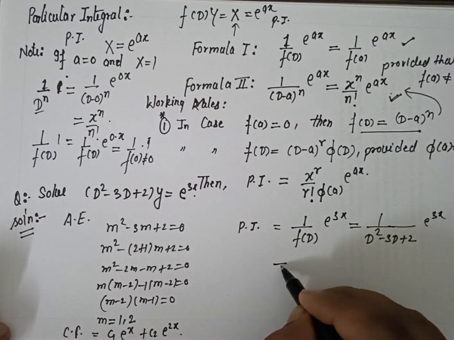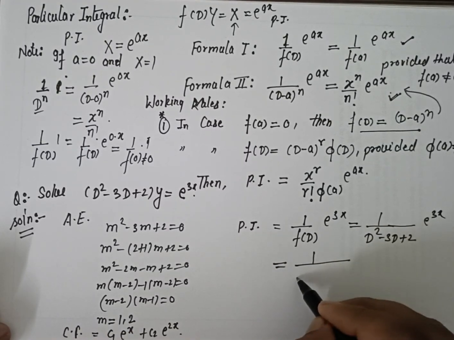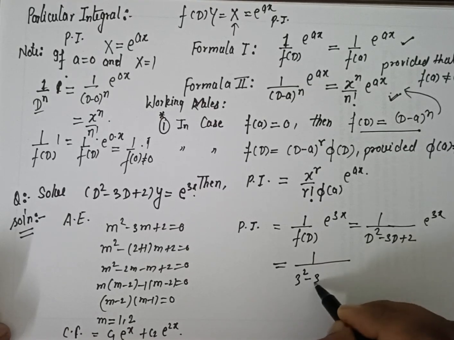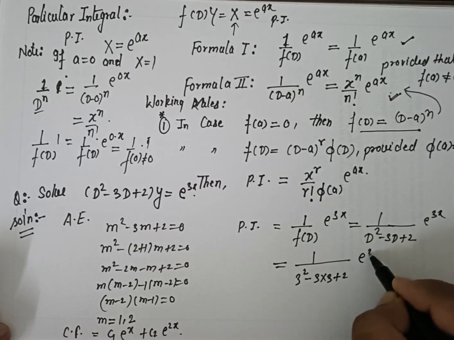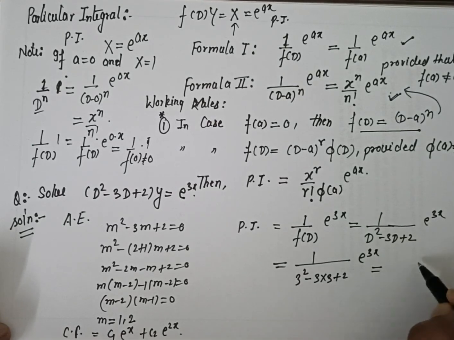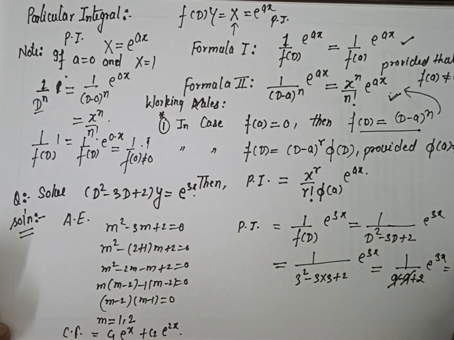Simply we substitute 3 here, that is 3² − 3·3 + 2, so you will get 1 upon 9 − 9 + 2 times e^(3x). It is cancelled out, so you are getting (1/2) e^(3x) as the particular integral.